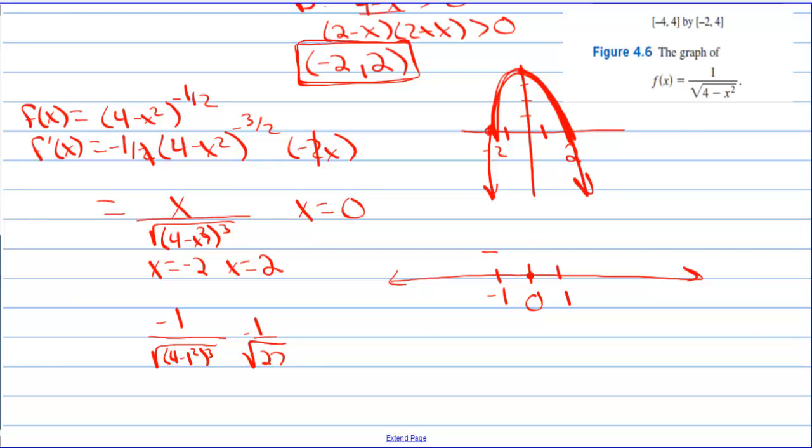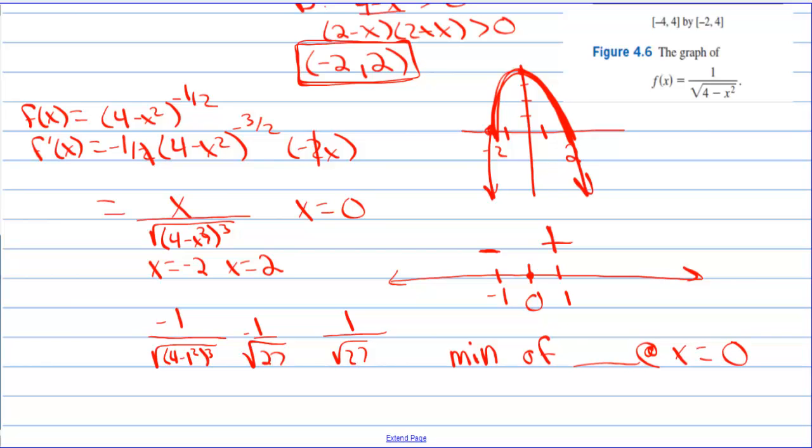And then if we plug 1 in, we get 1 over the square root of 27, and that is positive. Now if the derivative is negative on the left and positive on the right, this is a minimum of something at x equals 0.